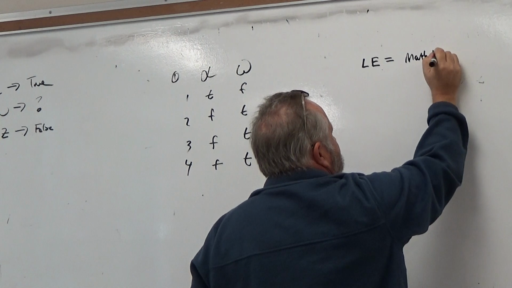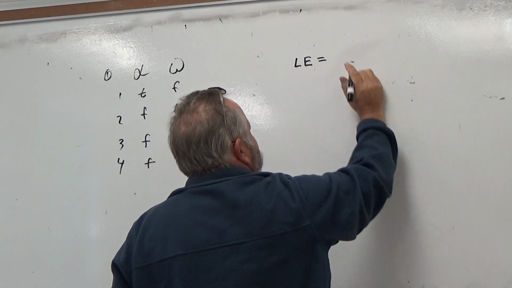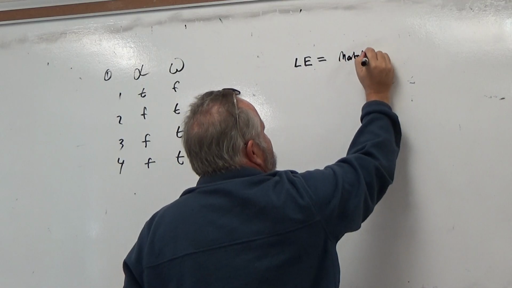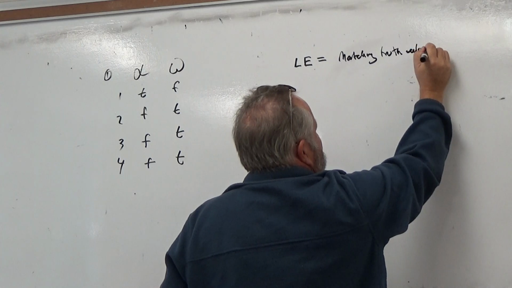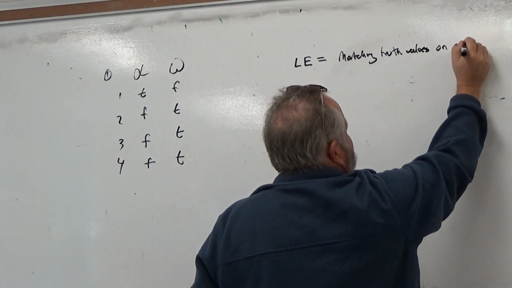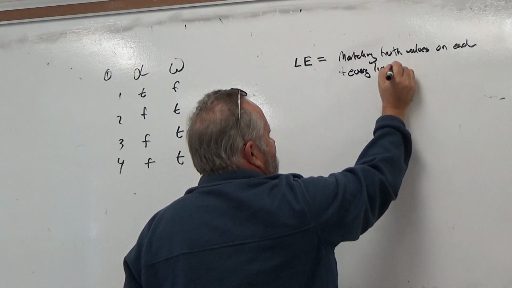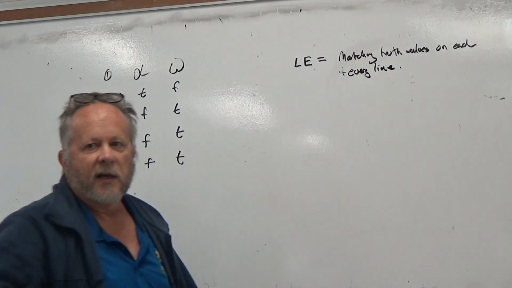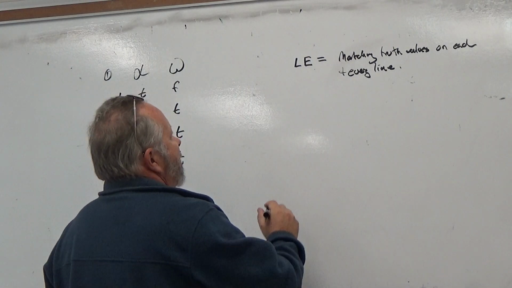And our options, okay, logically equivalent, let's remind ourselves of what that is. Matching truth values on each and every line. Now, look, that's a very non-technical way to put it, but I think you understand, okay?